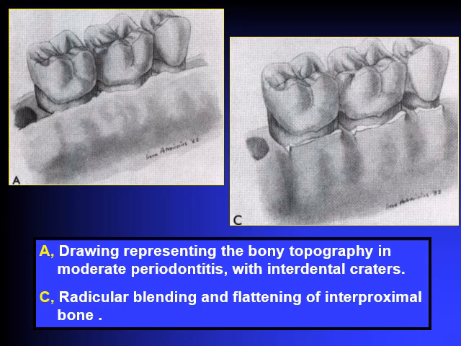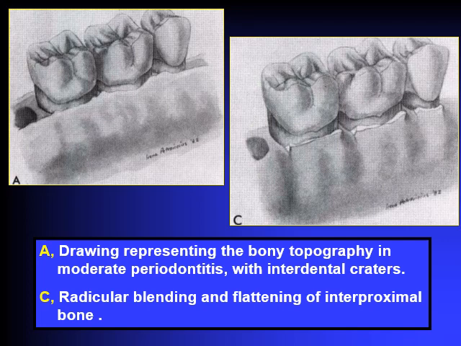this is in A, the original lesion with thickening or bulging of the facial bone and shallow interdental crater. After we did the vertical grooving, this is the radicular blending. See here how we gradualize the bone over the prominence of the roots.